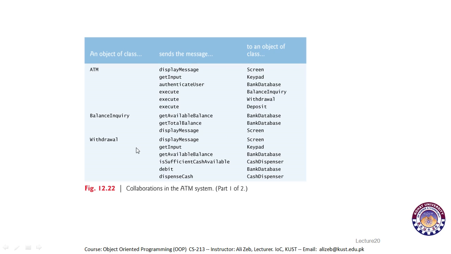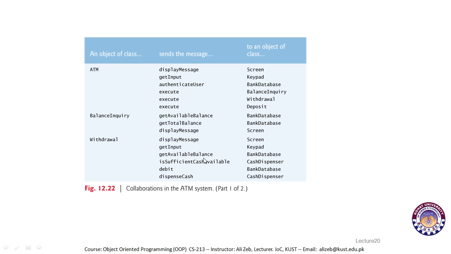The same will be the case with the withdrawal class. The withdrawal class would need to send a message to the screen class to display a message on the screen. It will need to send a message to the keypad class to get an input from the user, for example, the amount that the user wants to withdraw. It will need to send a message to the bank database class to get the available balance from the bank database.